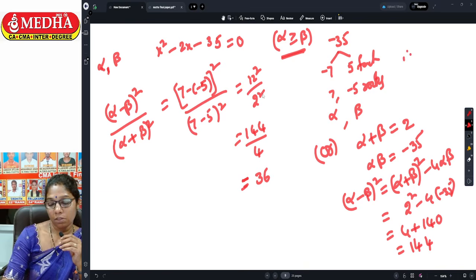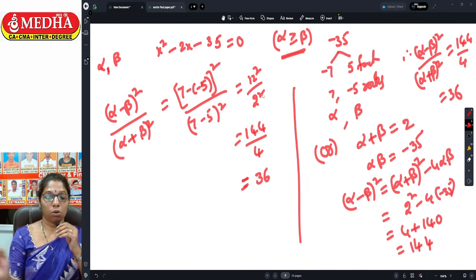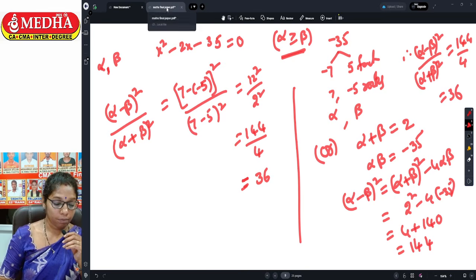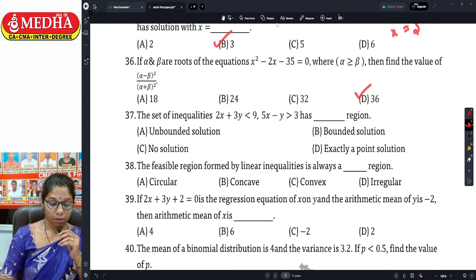So the final solution is alpha minus beta whole square by alpha plus beta whole square. So we can answer 144 by 4, again it is 36. So we can follow either this method or this method. 36 is the solution.